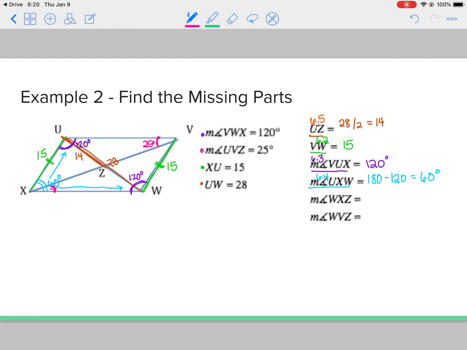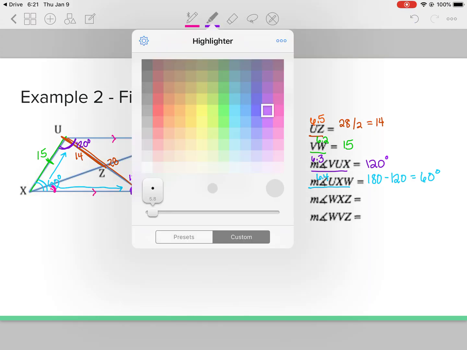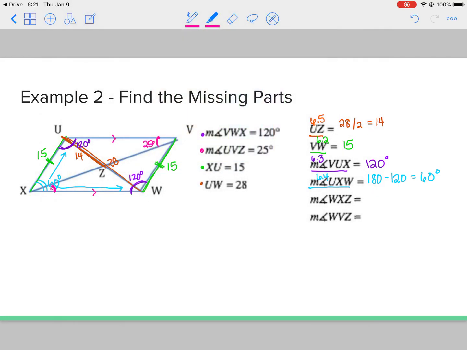But we do know from the definition that opposite sides are parallel. If we think about extending this out and using some past knowledge about parallel lines, opposite sides are parallel, and then this diagonal can be thought of as a transversal.